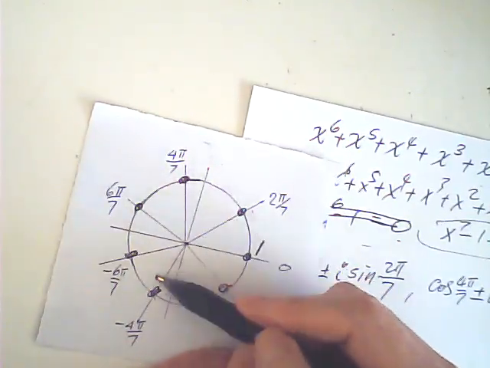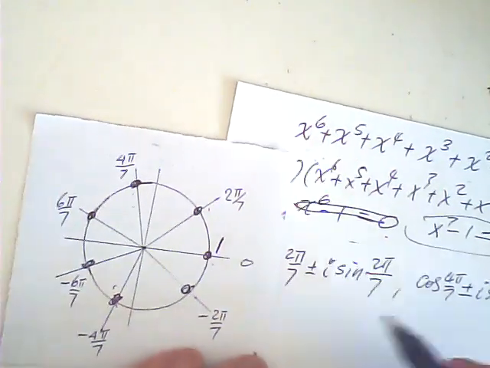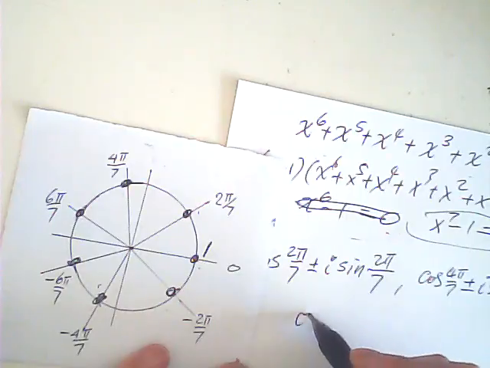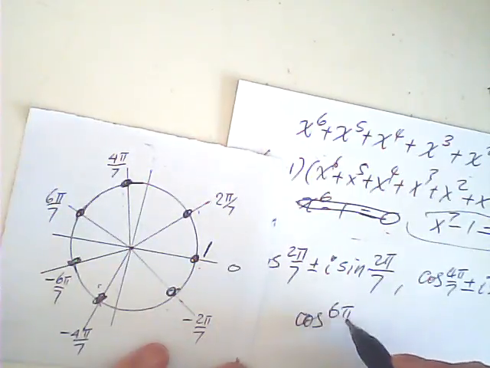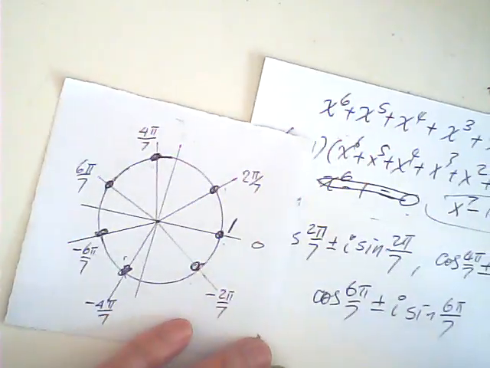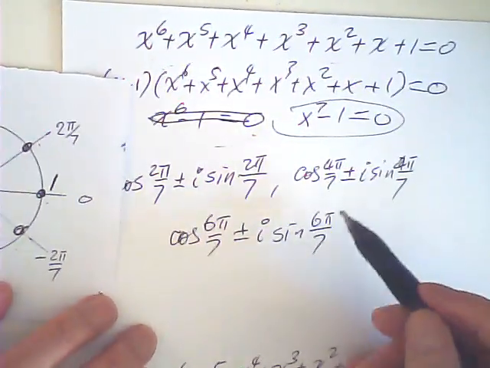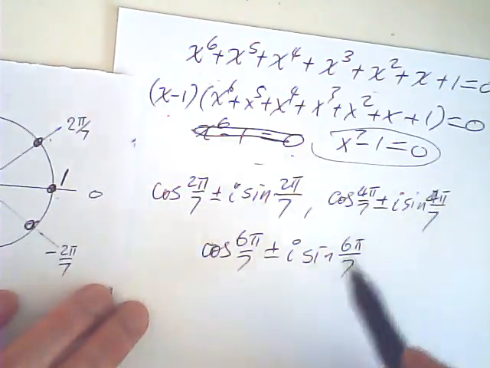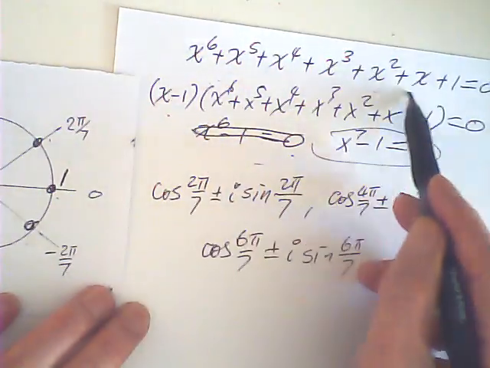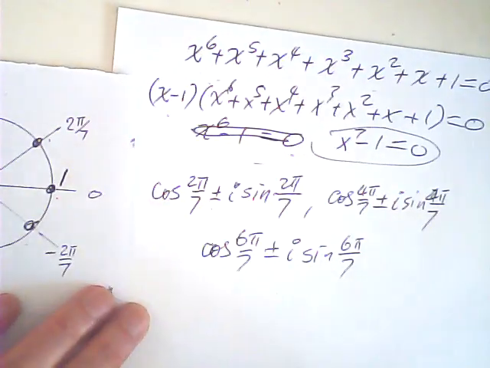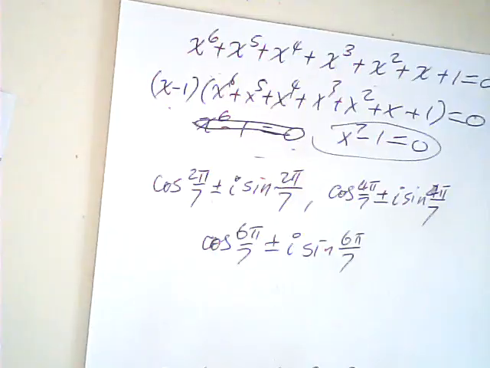These are these 2 roots. And 2 more, that is cosine 6 pi over 7 plus or minus I sine 6 pi over 7. You can use a calculator to find the approximate value. So these 6 roots belong to this equation. This one belongs to this. Okay, one more.